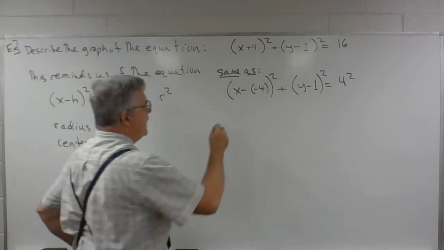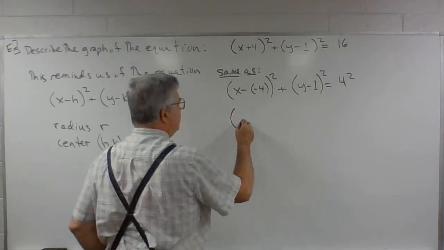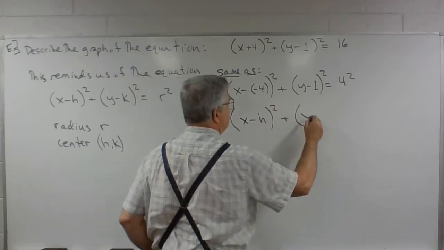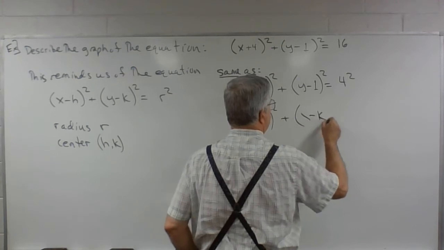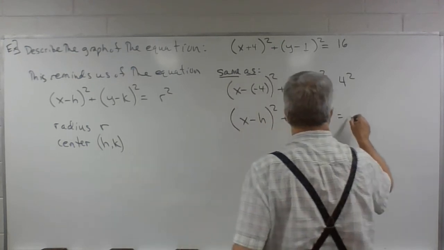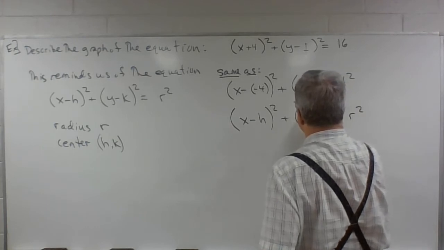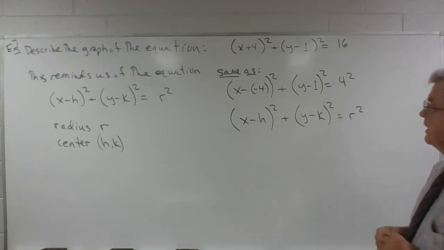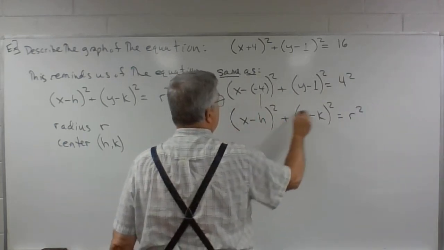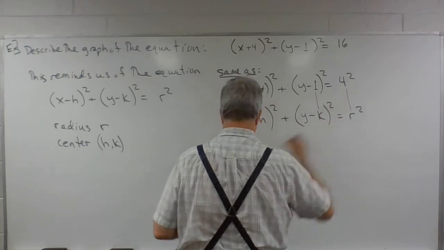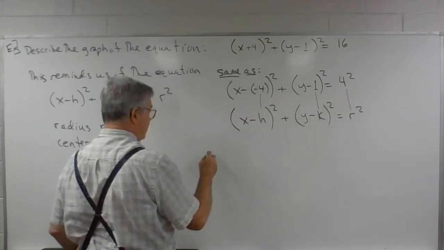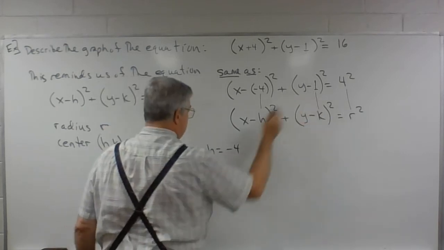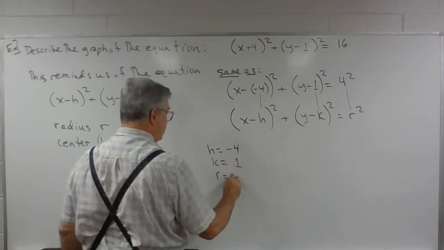And let's see how this matches up with the standard form of the equation of a circle. I think everything matches up. h equals −4, k equals 1, r equals 4.